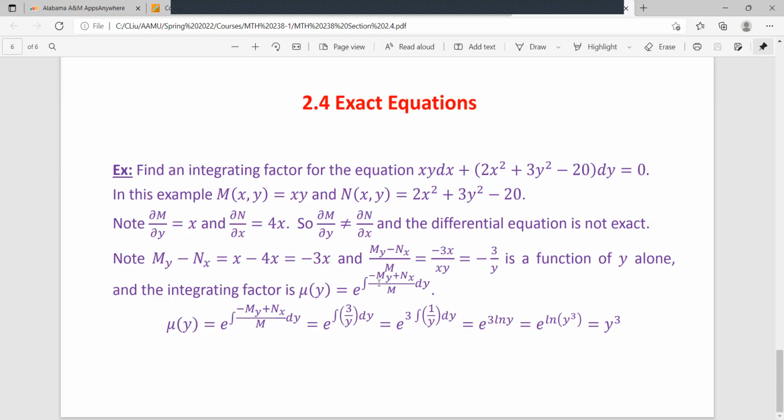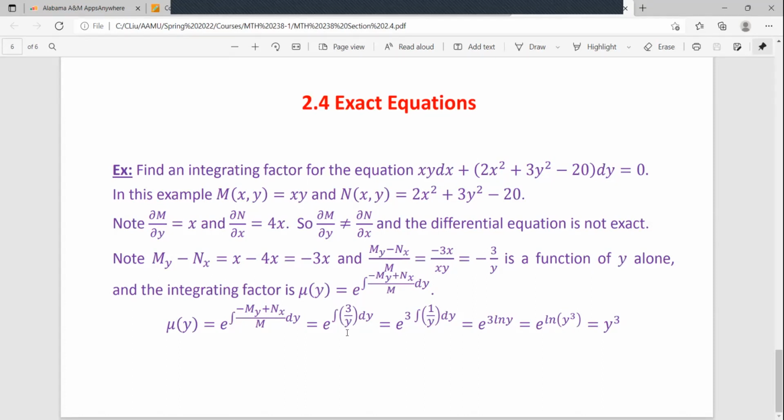We already did partial M partial y and partial M partial x, so if we plug in, negative partial M partial y will be negative x plus partial M partial x, plus 4x. So that's 3x over M, 3x over xy, simplified to 3 over y.